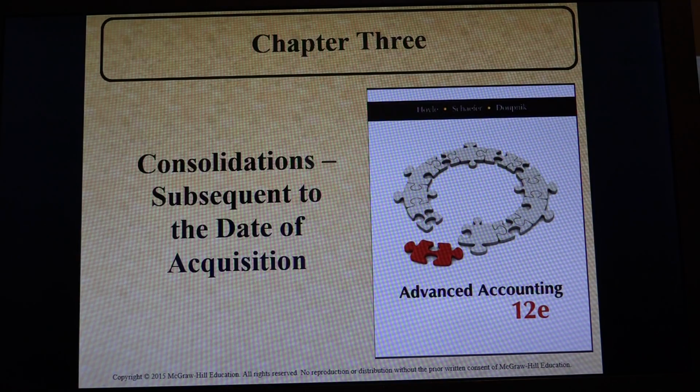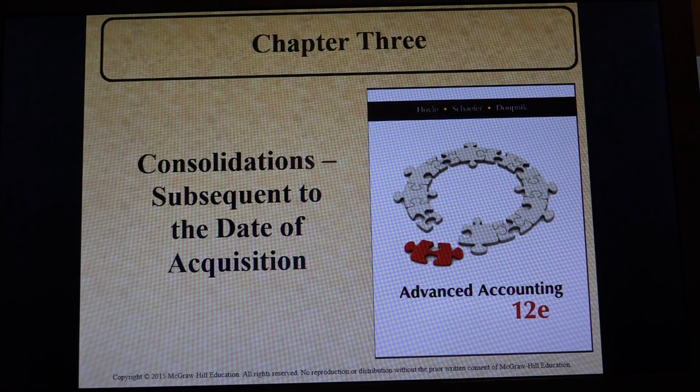And then your credit was to further reduce the investment in the acquired company by the amount of the investment that's over the book value, the excess of book value. So those were your two entries.